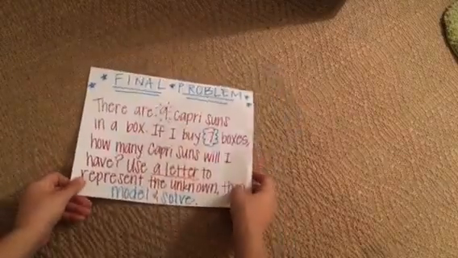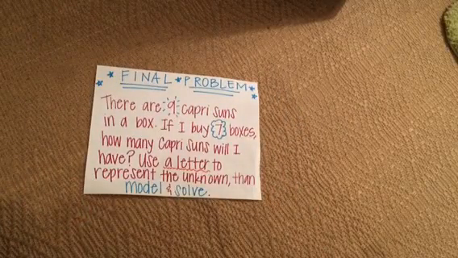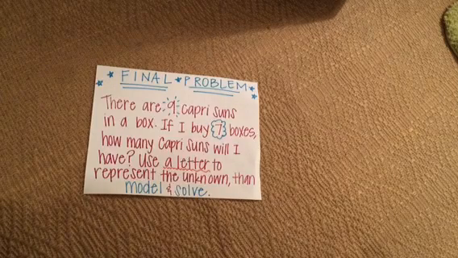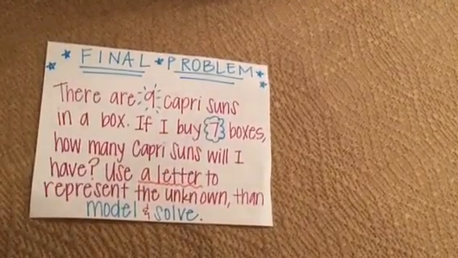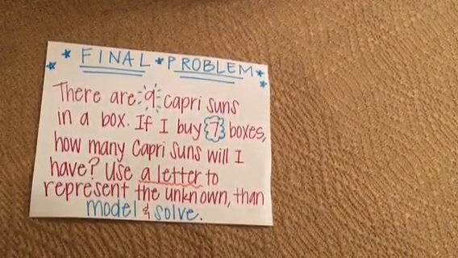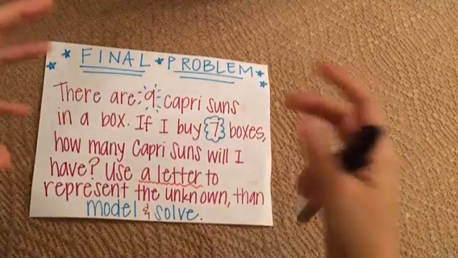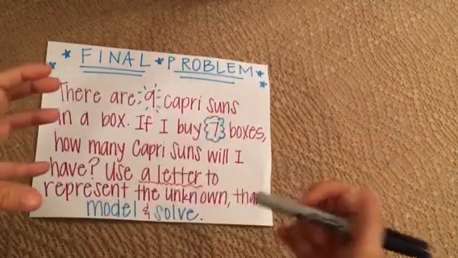Okay. Last problem, final problem tonight. Moving on along, because we've done this a few times before, so I'm sure that you guys are like, oh, I've got this. Final problem, here we go. There are 9 Capri Suns in a box. You know how you go to the store, you buy that box, it has all the Capri Suns in it.